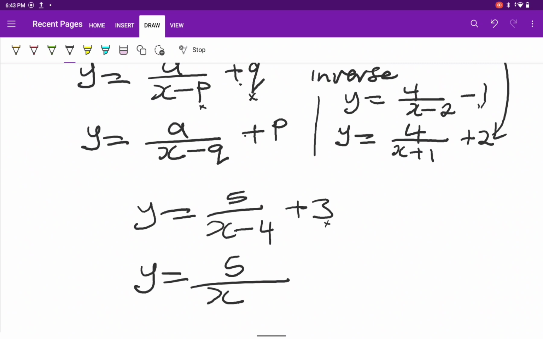Now we are going to take this 3 with an opposite sign. It's a plus, so it will be a minus 3, and then we'll take the 4 here with an opposite sign. It's a minus, it will be a plus 4. So this is the equation of the inverse. So our inverse will just be like this.